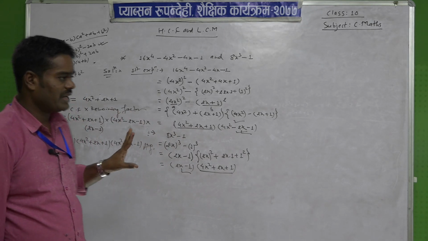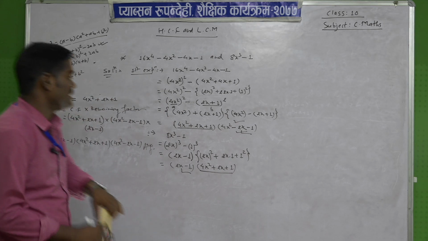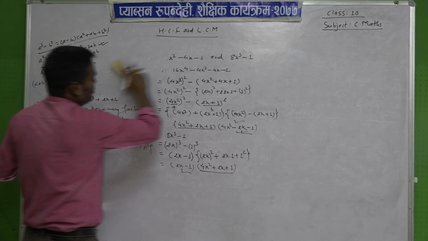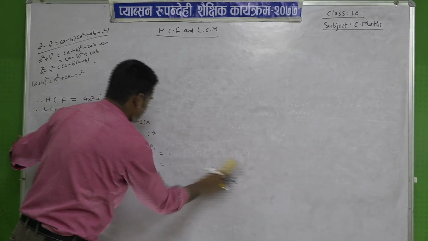So, I think you are very confident, you have no problem in the SCF and LCM. So, again we will take another question to solve. This is the solution of this question.